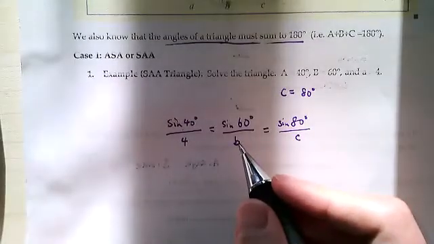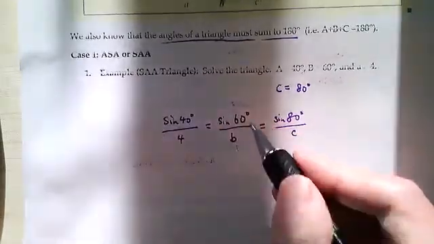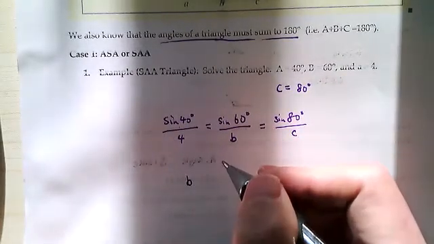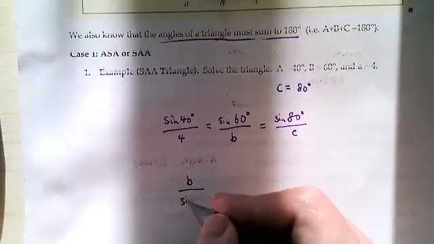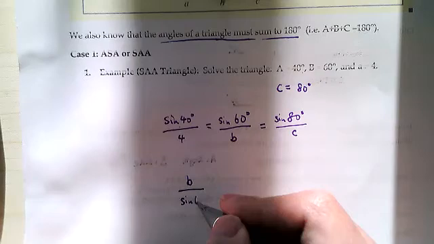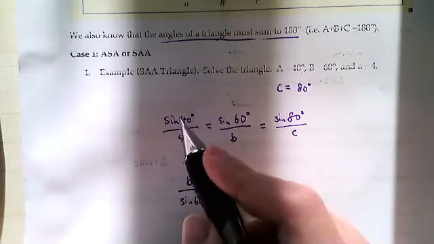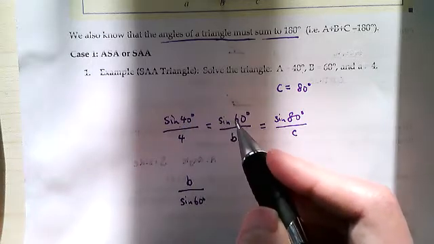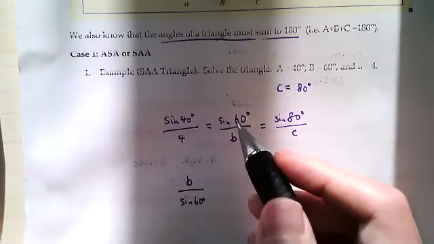So how do we figure out b? You just look at this part. Flip the fraction on both sides. Would b just be 6? Well, I'm afraid not, because sine 40 is another number with long decimals. Sine 60 is square root of 3 over 2, which is also with long decimals.